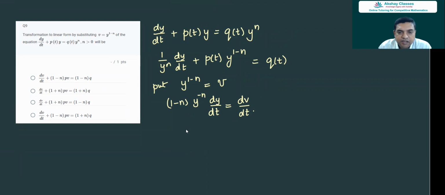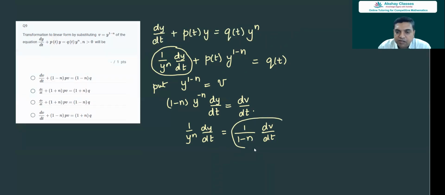So you get this, 1 by y power n dy by dt is equal to 1 by 1 minus n dv by dt. Substitute that in this equation here. So 1 by 1 minus n dv by dt plus p of t times v is equal to q of t.